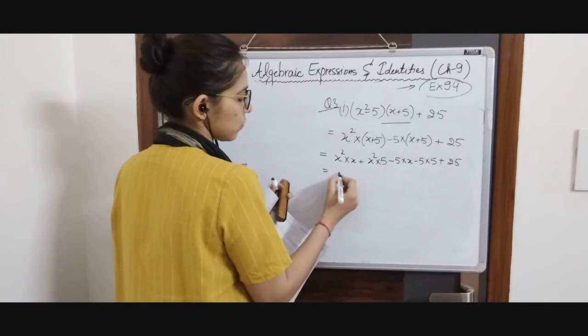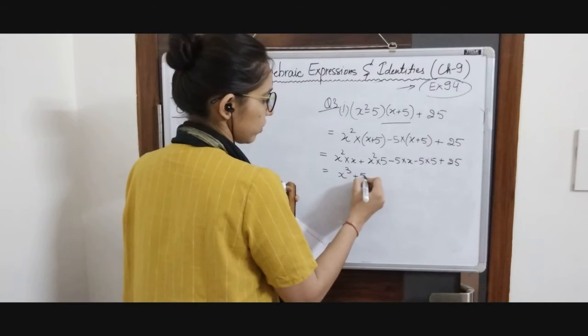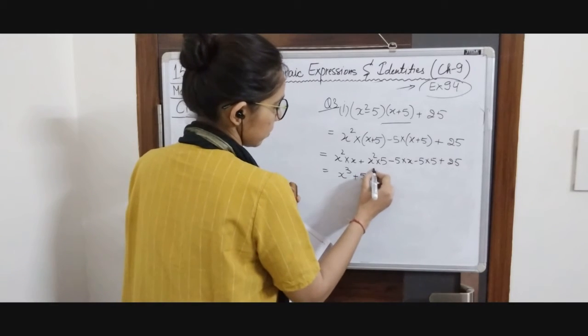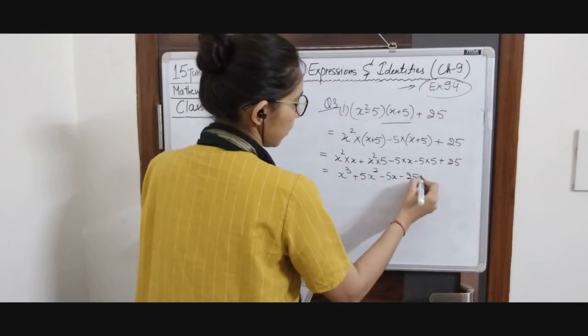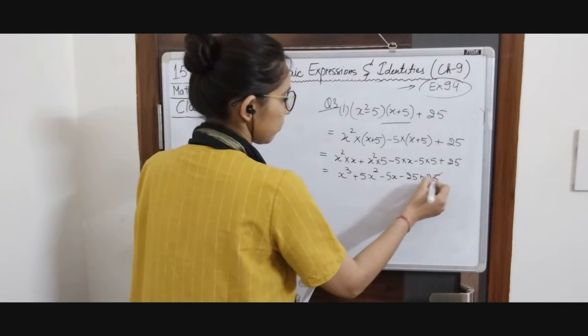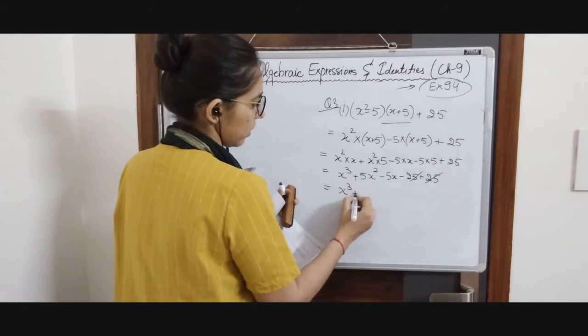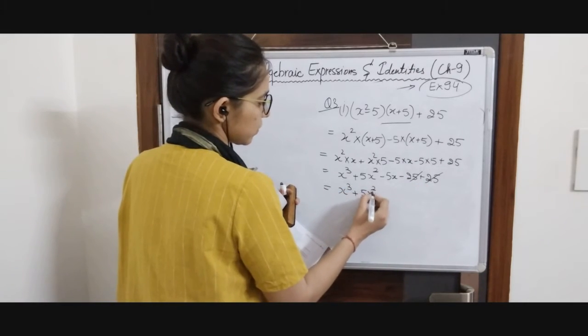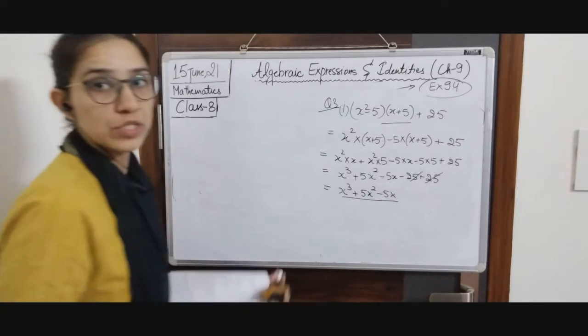X square into x is going to be x to the power 3 plus 5x square, we will write the coefficient first, minus 5x minus 25 plus 25. Minus 25 and plus 25 will cancel out each other and we are left with x cube plus 5x square minus 5x. It is going to be the answer for the first part.